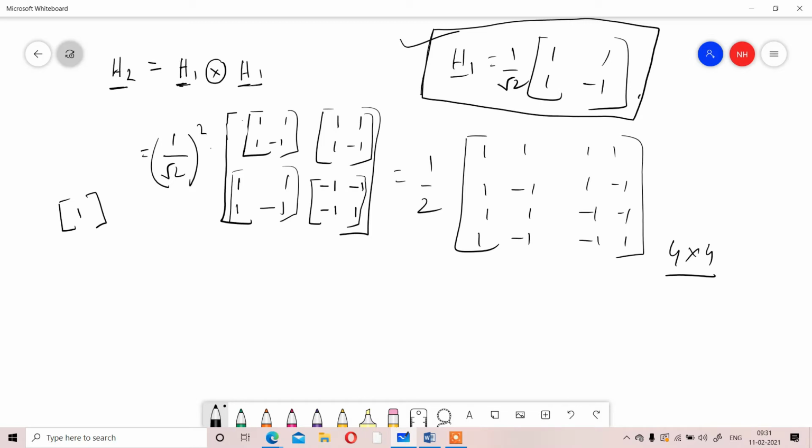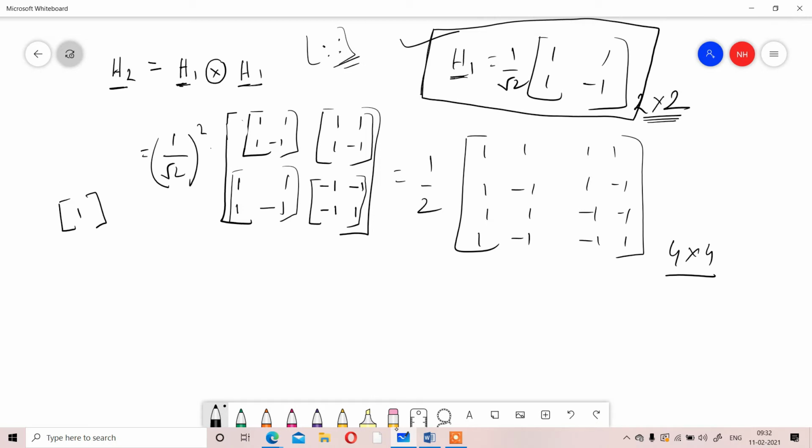It means a minimum of 2 cross 2 image you have to consider to represent the Hadamard transformation. Minimum 2 cross 2. Yes, for one image with a single pixel, you cannot apply the Hadamard transformation. There must be a minimum of 4 pixels.